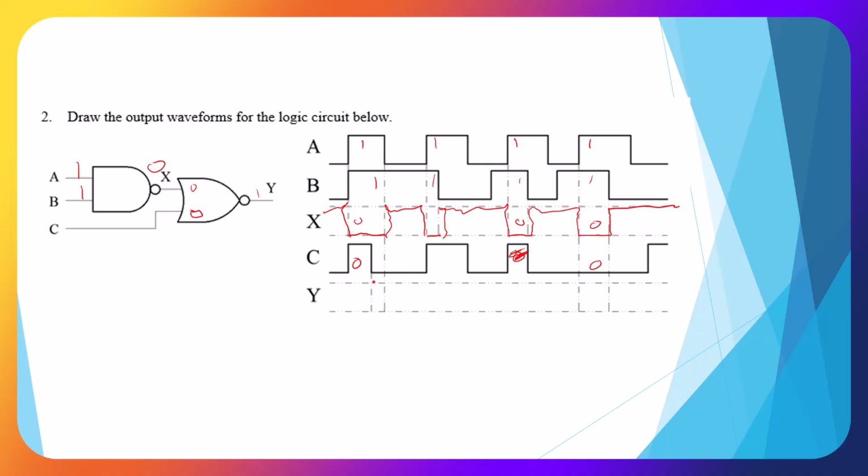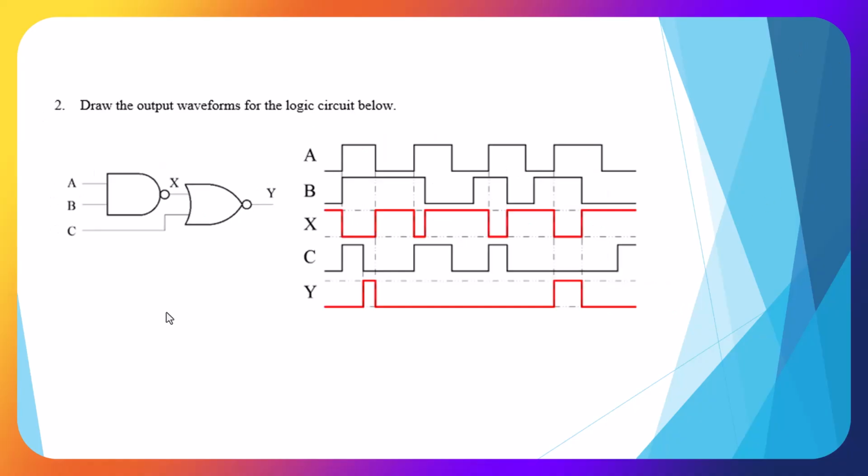Okay, so we only have 2 peaks. Okay, so we have 2 pulses. Let's check our answer. Okay, here we have our 2 peaks, so it looks correct.